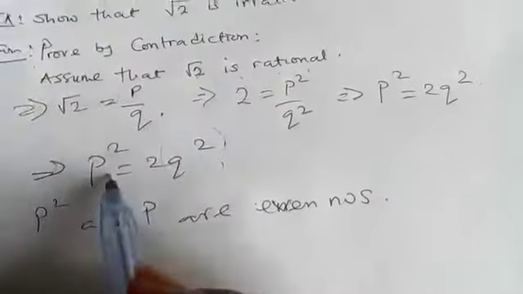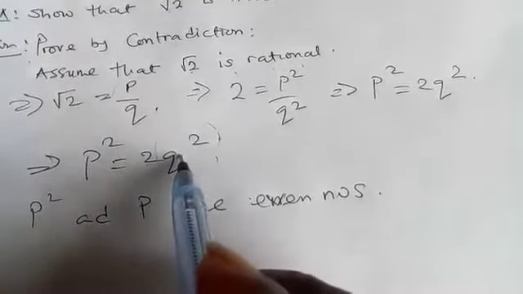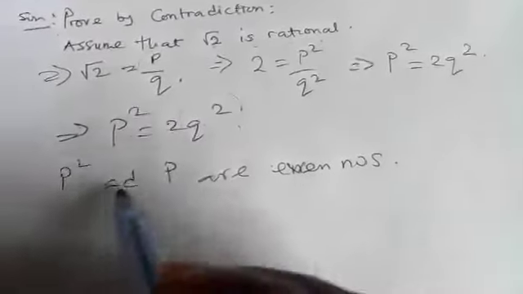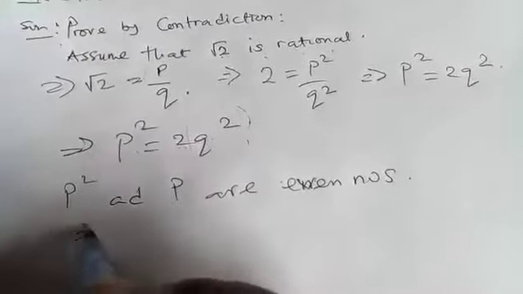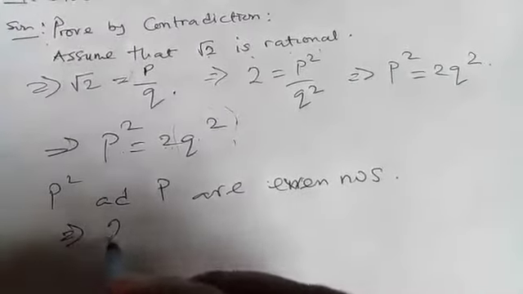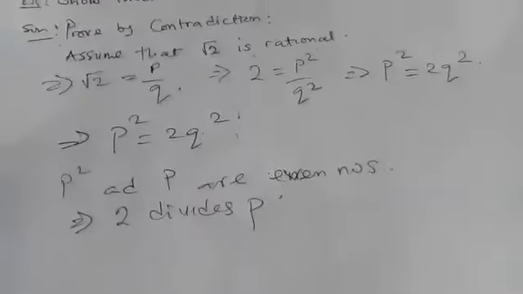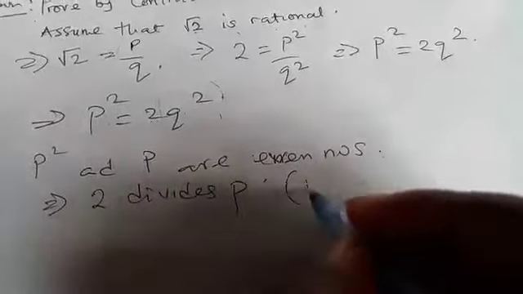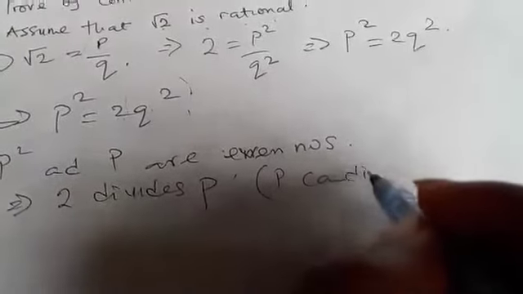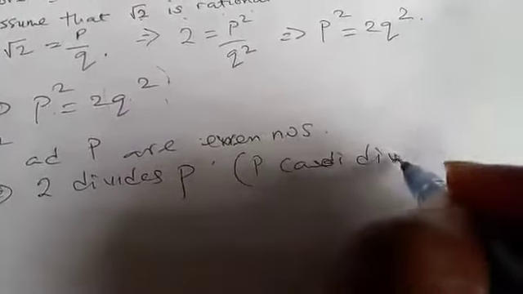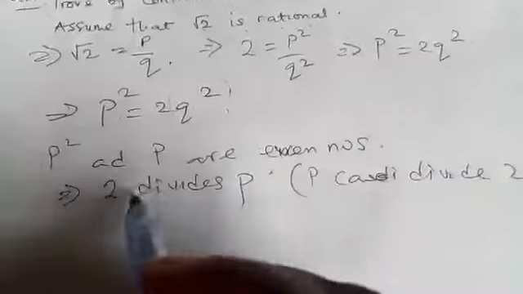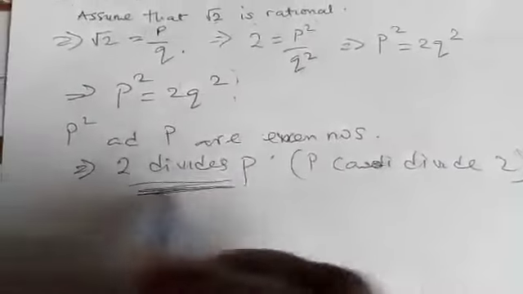So P squared, what is in between is 2. That simply means that 2 divides P, that is, P can be divided by 2 without remainder.